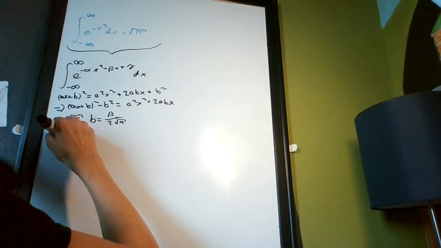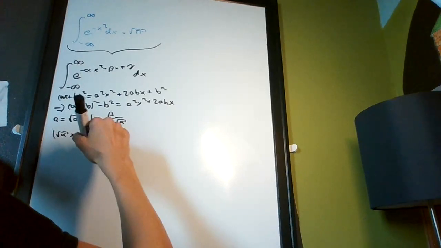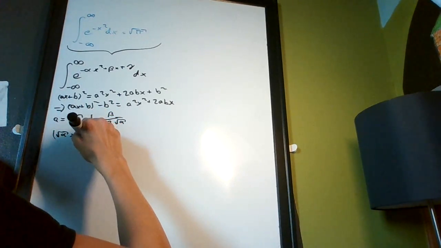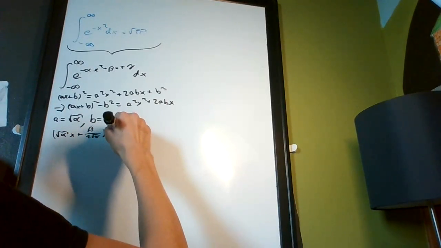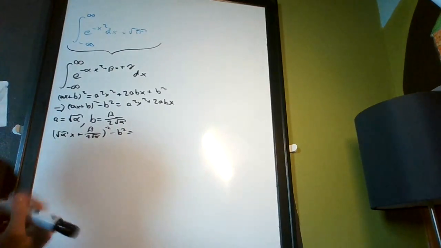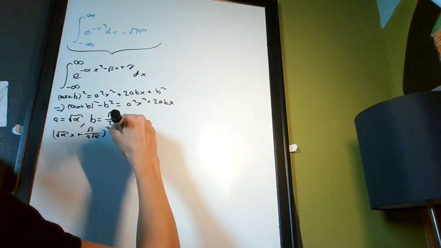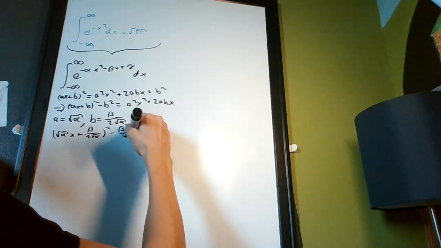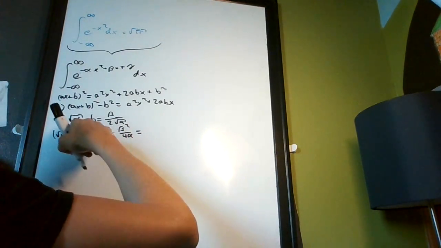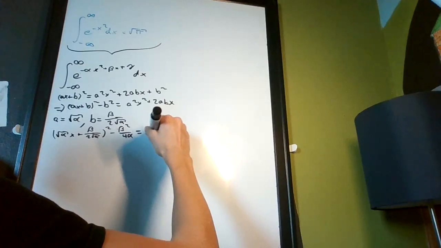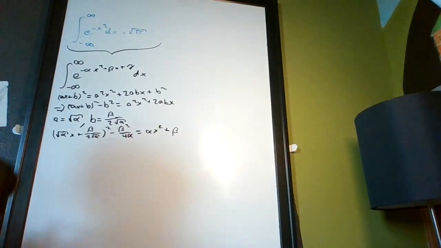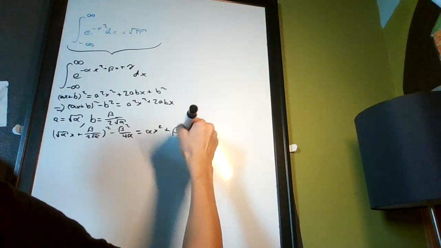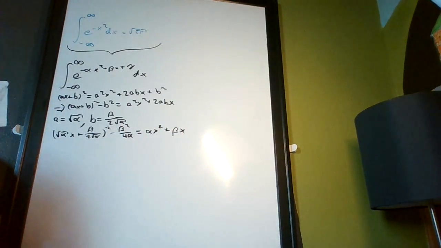I get square root alpha x plus beta over 2 square root alpha squared minus beta squared, b squared, it's going to be beta squared on 4 alpha, right? Equals, and I get that squared, it's going to be alpha x squared, and then plus beta x.